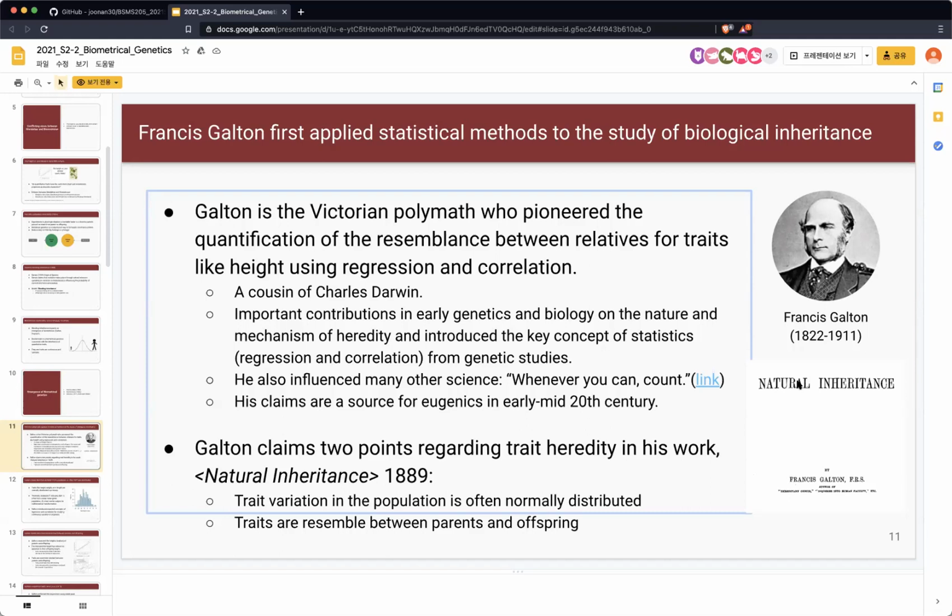There's no way we can respect him as a person of scientific virtue, so Francis Galton has a really bad reputation. So we ignore his scientific achievements, but actually so many scientific things start from Francis Galton.